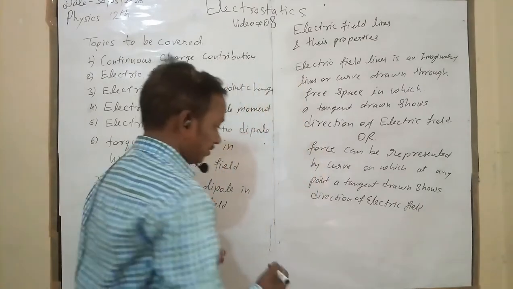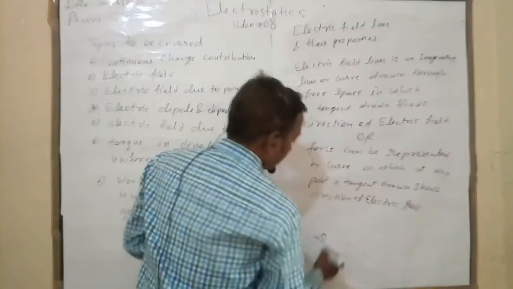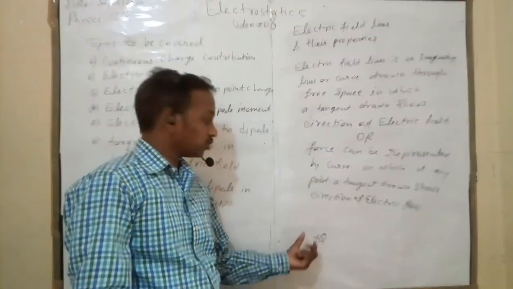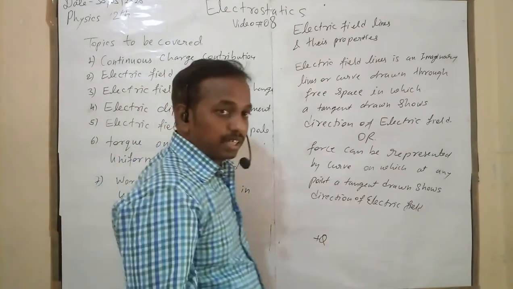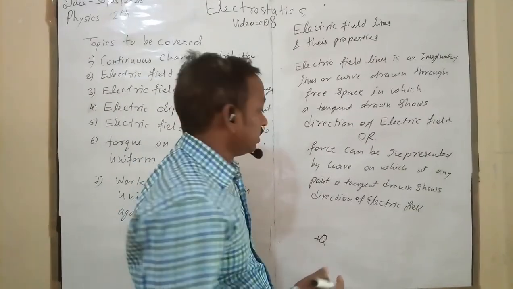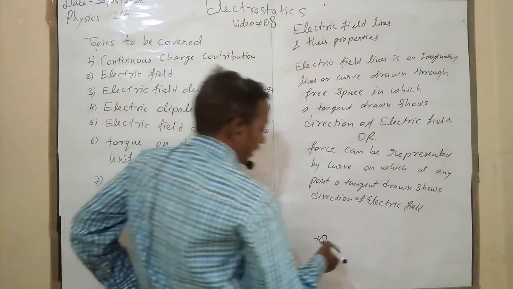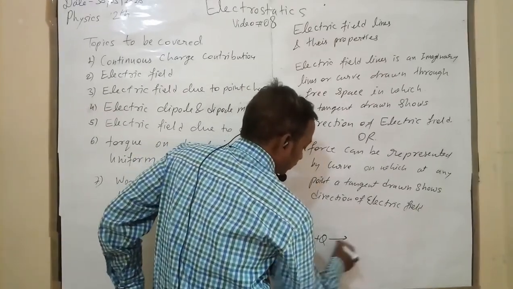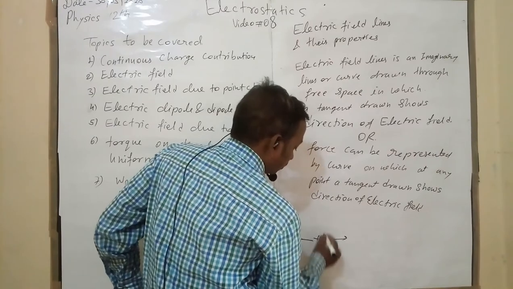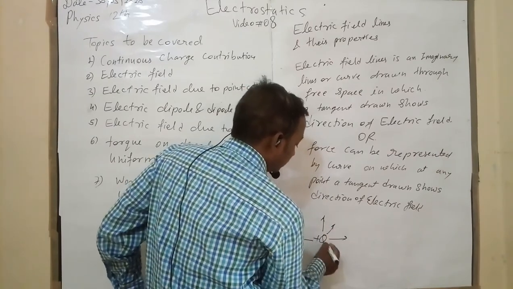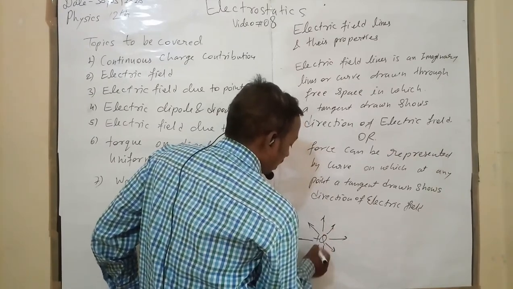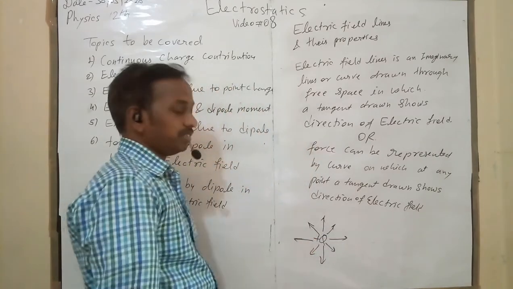So suppose there is a plus Q charge, how can you represent its field? We can represent field lines like that. The field lines go out from the positive charge.